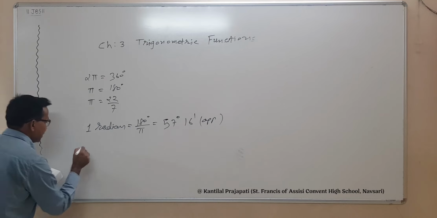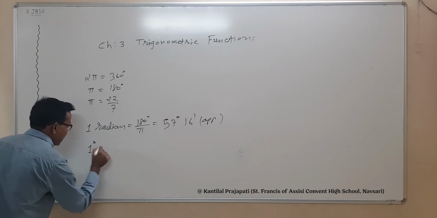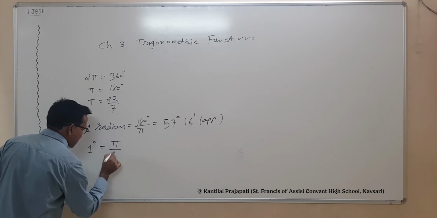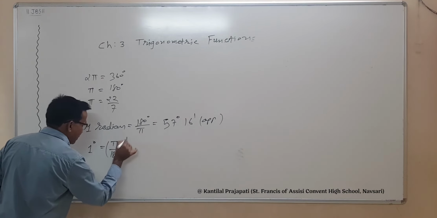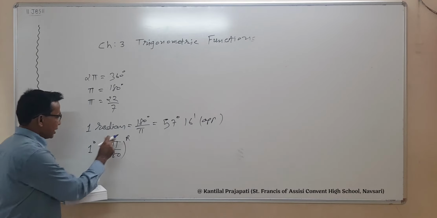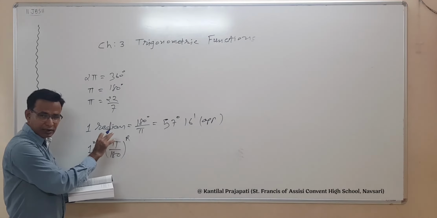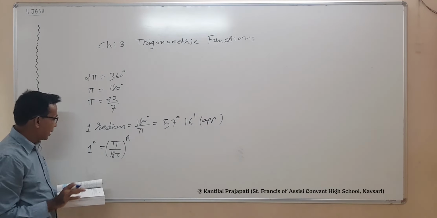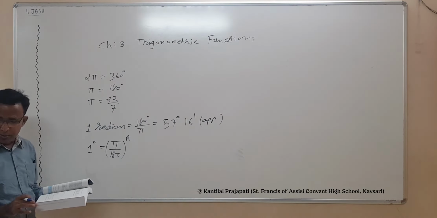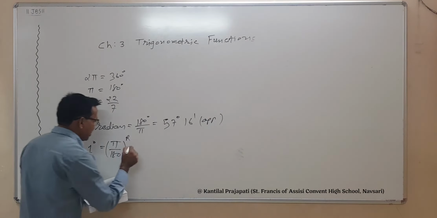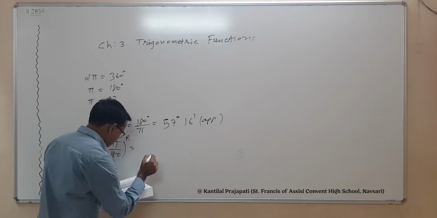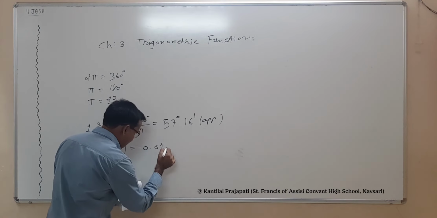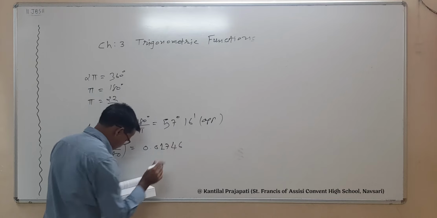Also we write 1 degree is equal to pi upon 180 radian. The symbol for radian is not given in the textbook; in some books it is written as R or c. So 1 degree is equal to pi by 180, and the approximate value is 0.01746 radian.